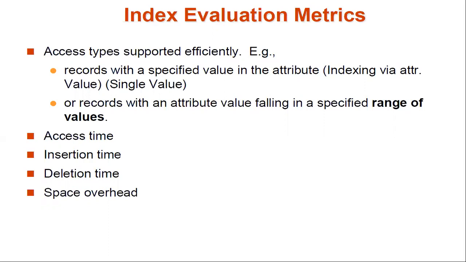We are going to talk about the different types of indexing, that is dense index, sparse index, and multi-level index. When the file size keeps increasing, the index file will also increase, and based on that you can prefer any one of the indexing methods.